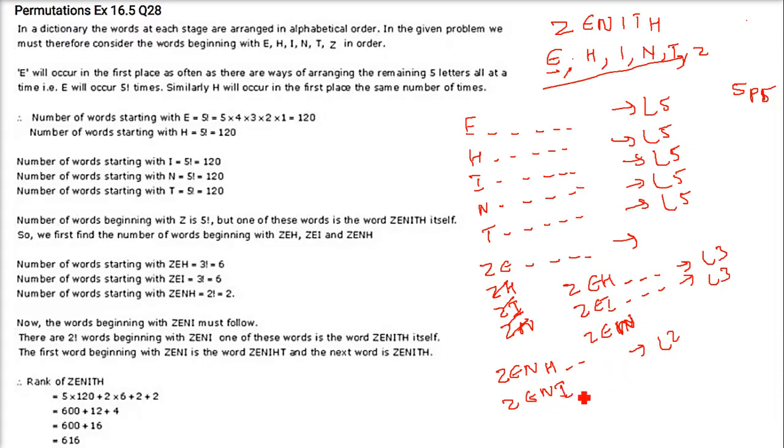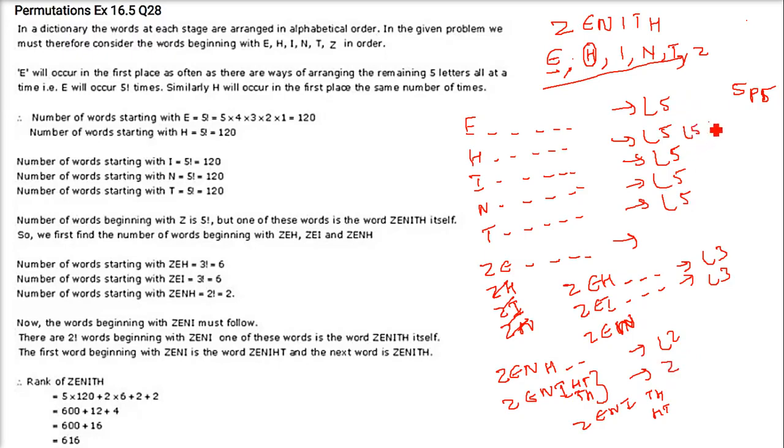So see here. After this I, 2 things can come: either TH can come or HT can come. What comes first here? H comes first, so first HT will come, then TH will come. That means these are again 2 combinations.